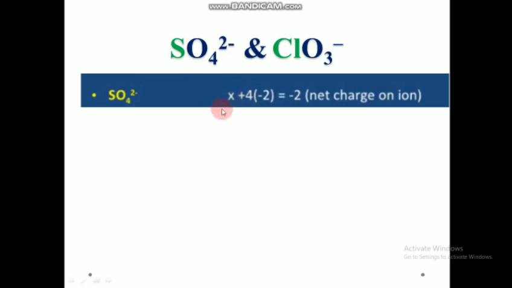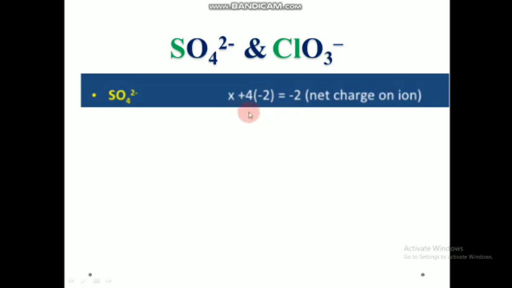So X plus 4 into -2, which means 4 times the oxidation state of oxygen, will be equal to the net charge. If the net charge is not there, we have to consider 0 here. If a net charge is there, then the sum will give us the net charge. So X plus 4 into -2 gives -2.